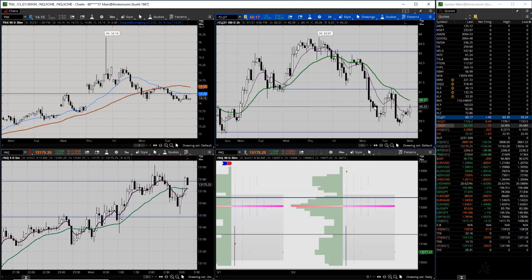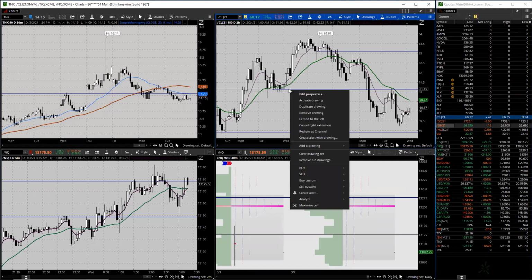So if they can get a 2-hour close above $60.25, that should stop the bleeding, I would think.